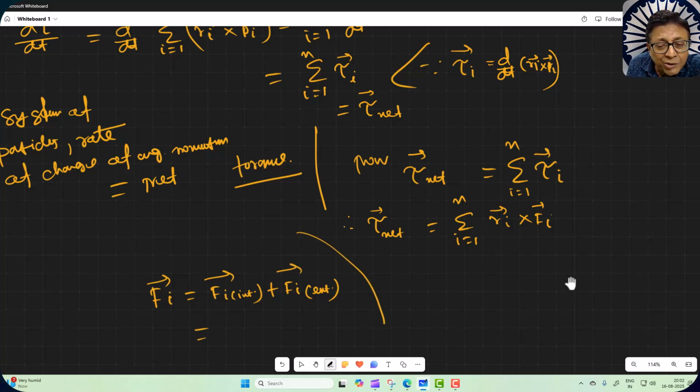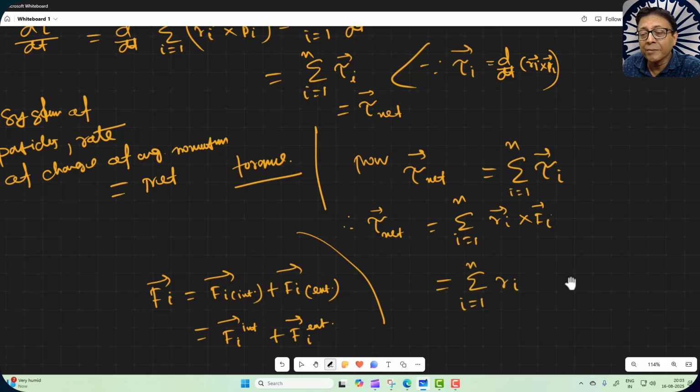You can write this way also, the way your textbook has written. So it is going to be sigma i equal to 1 to n Ri cross Fi internal plus Fi external.